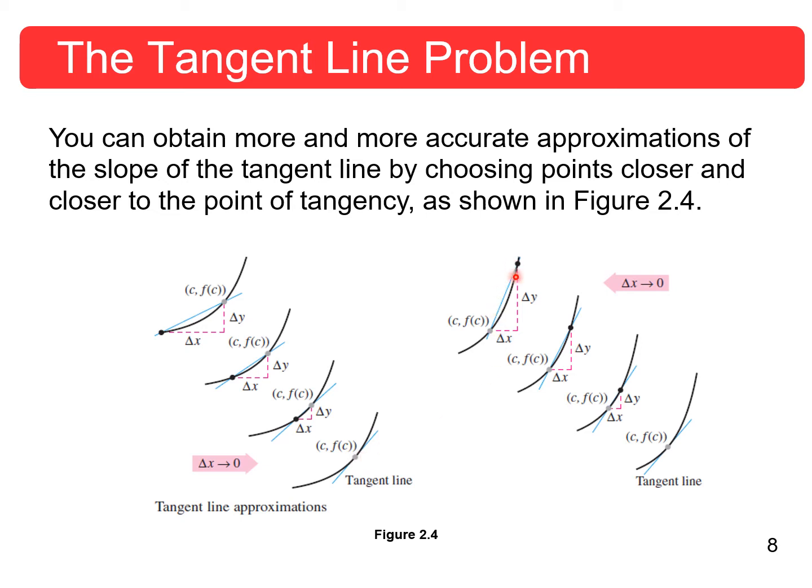The same is true for this instance here. If you make this delta x really close to 0, the point would go closer and closer to c, the point of tangency, until this secant line would coincide with that tangent line. So that is how you approximate the slope of the tangent line, by using the secant line.